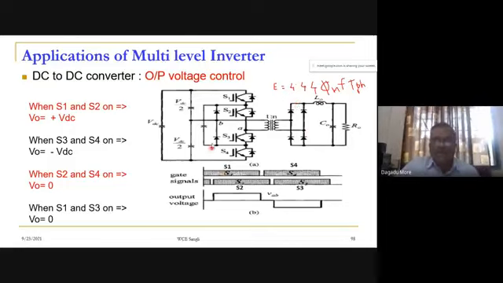And now, how to control this multi-level inverter? Here we are given the logic, so let us explain it. It is one leg, a single phase, you can call it. What is the configuration? What type of inverter can you call it?